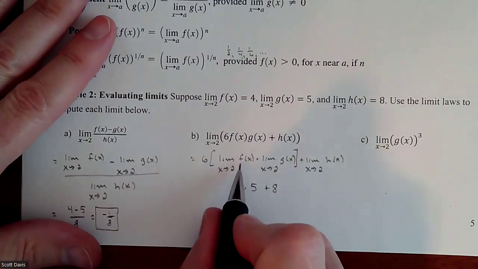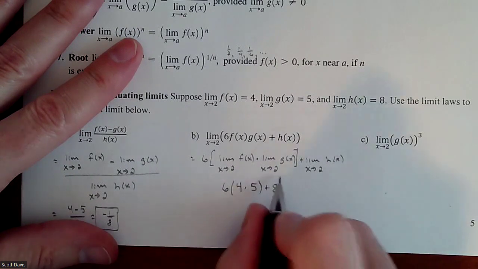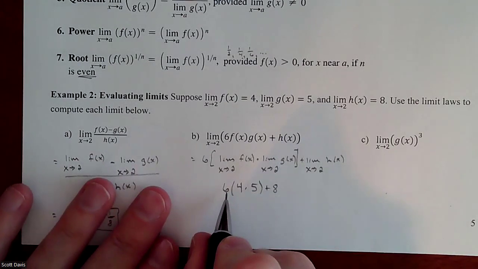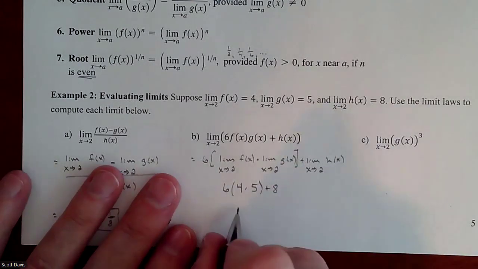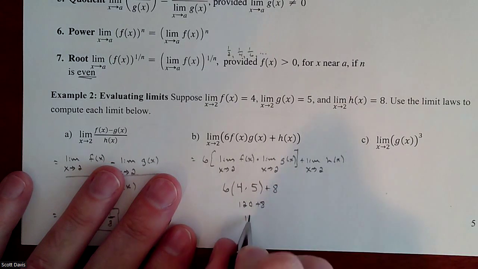So that 6 is going to be multiplied to only those two, and then we'll add 8 to it. So the limit of f of x is 4, so 4 times 5, 20, times 6 is 120, plus the 8 gives us 128.